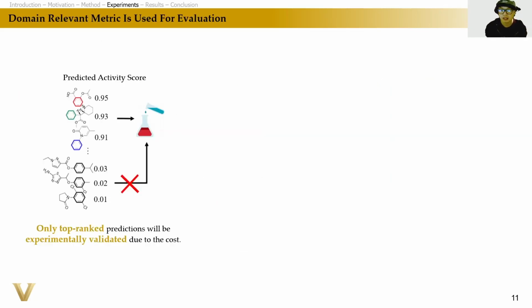And besides that, we also use a domain-relevant metric to evaluate our model. In a realistic drug discovery campaign, only the top-ranked predictions will be experimentally validated, and those predicted inactive molecules are not going to be validated because it's too expensive.